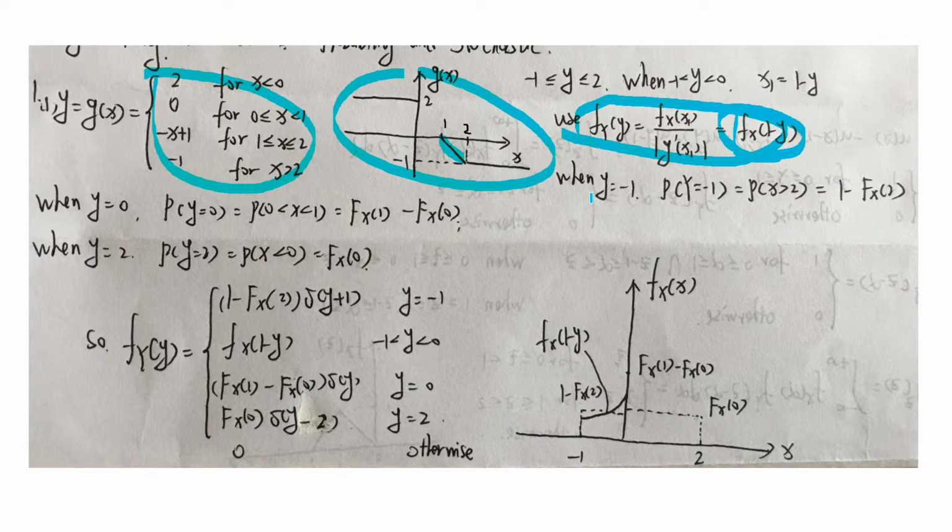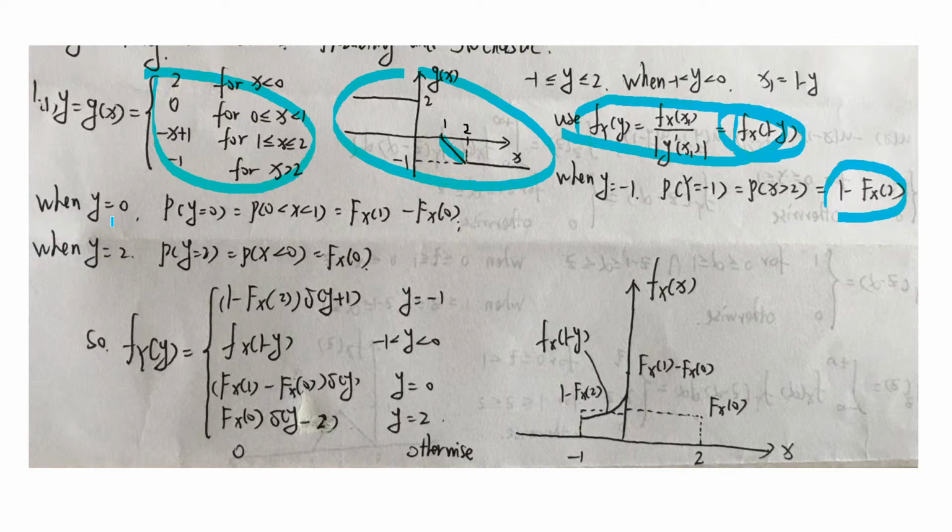We just need to solely discuss the probability of these special values of y. The probability that y equals negative 1, we can tell from the diagram, is equal to the probability when x is greater than 2. So the probability that y equals negative 1 equals 1 minus F_X(2), which looks like this.